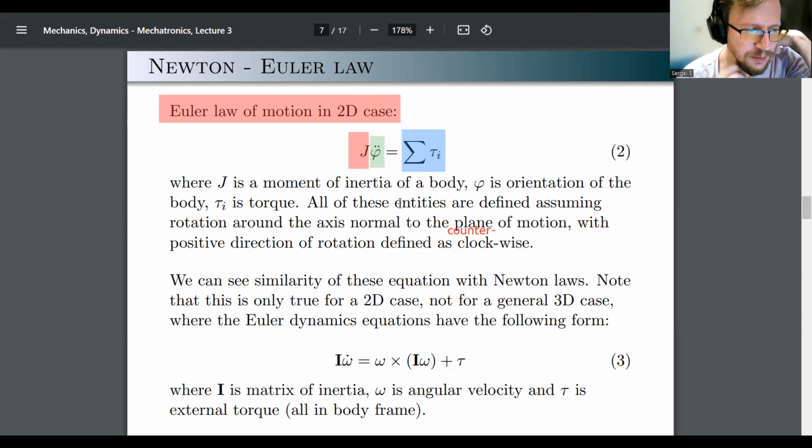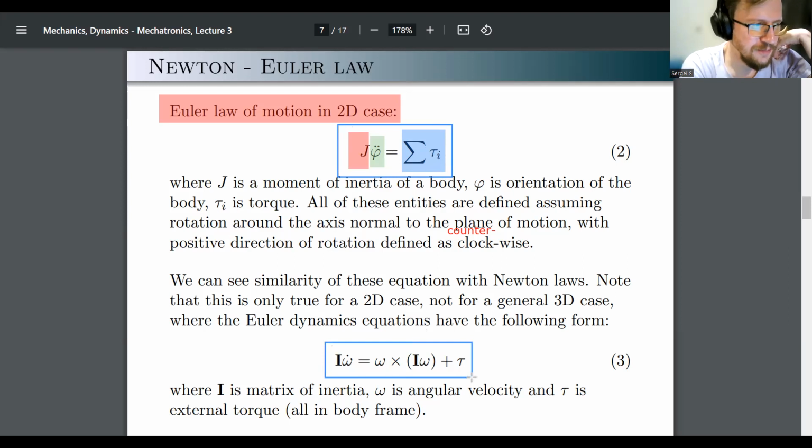Now we can see the similarity of these equations with Newton's law, right? It looks essentially exactly the same: some inertia-like thing times second derivative equals external force or torque. This is only true for a 2D case. In 3D case, Euler's equation looks like this.